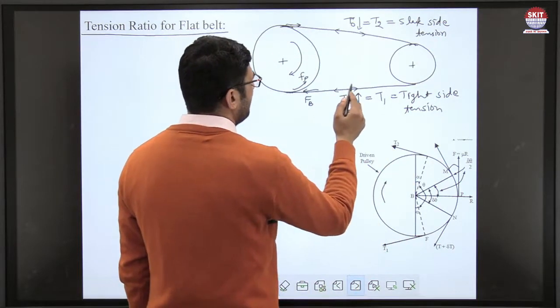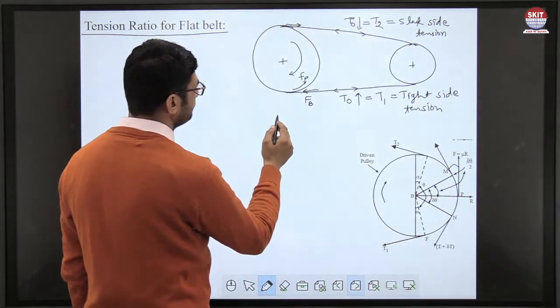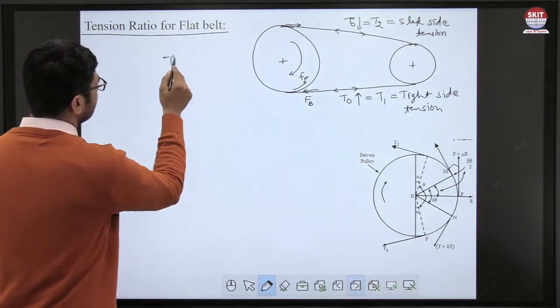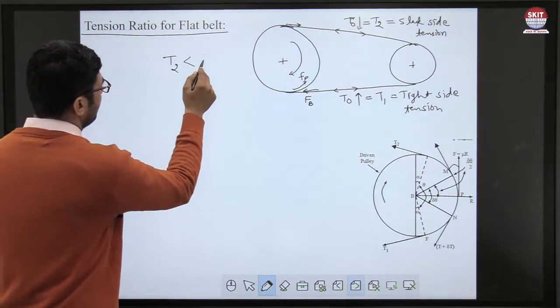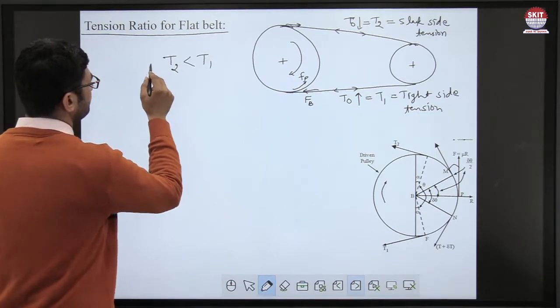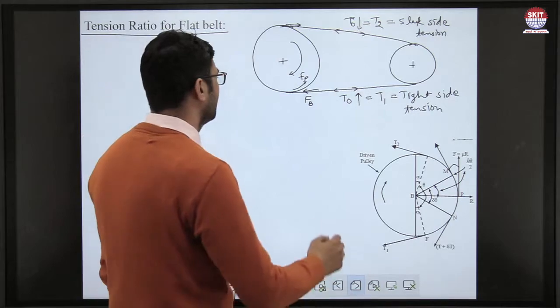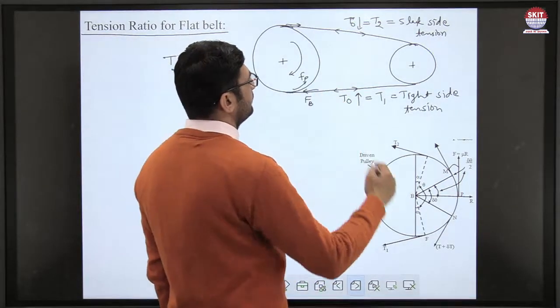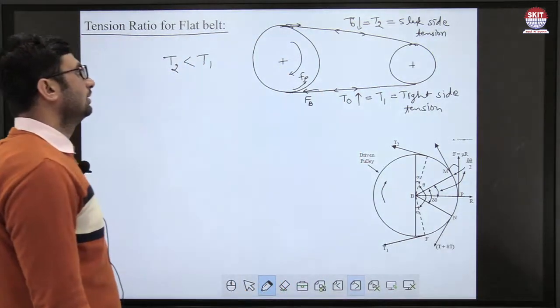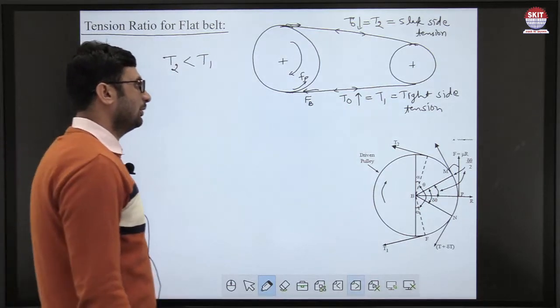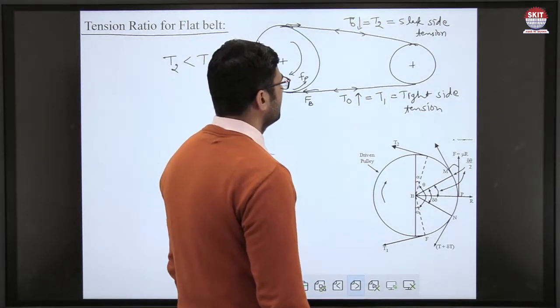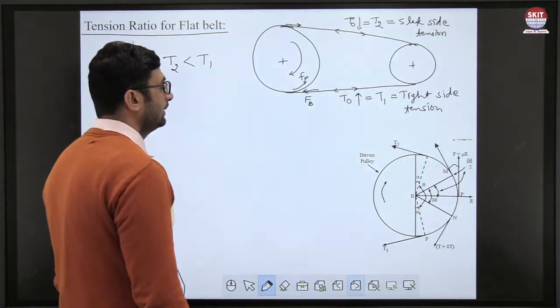And the value of T2 is less than T1. Tight side tension is greater than slack side tension. This is the change of the tension when the power is transferred from one pulley to another pulley.